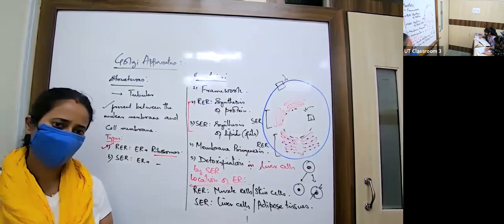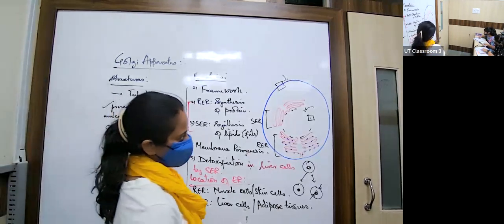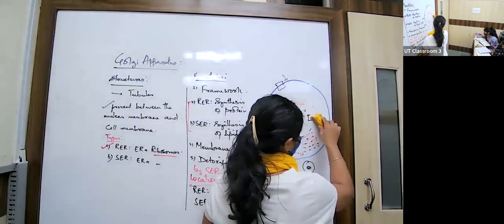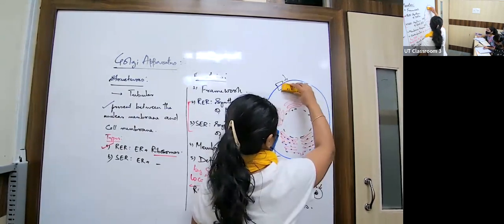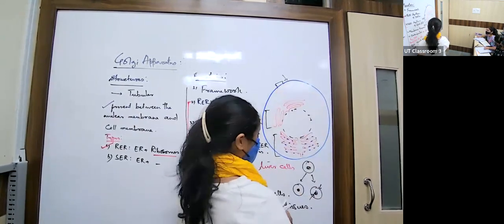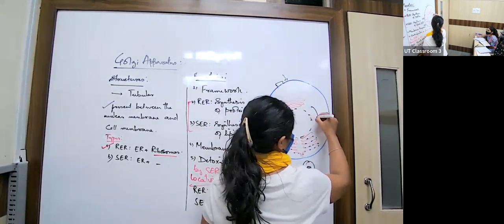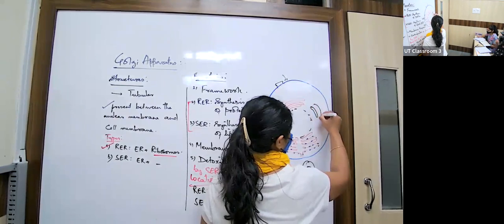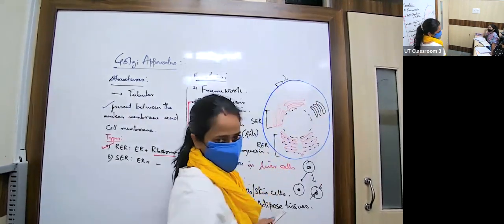Okay, are you done? Now, if I talk about the Golgi, let us try drawing the Golgi. You may refer to the diagram that you have drawn. How does the Golgi look, and where is it present? The Golgi is also more or less placed near the nuclear membrane, in this way.